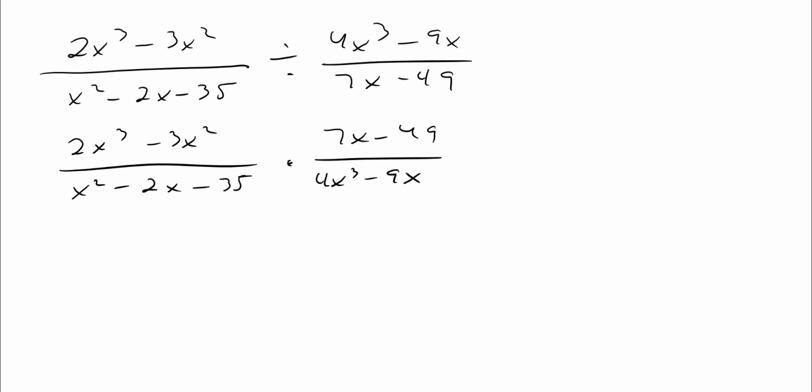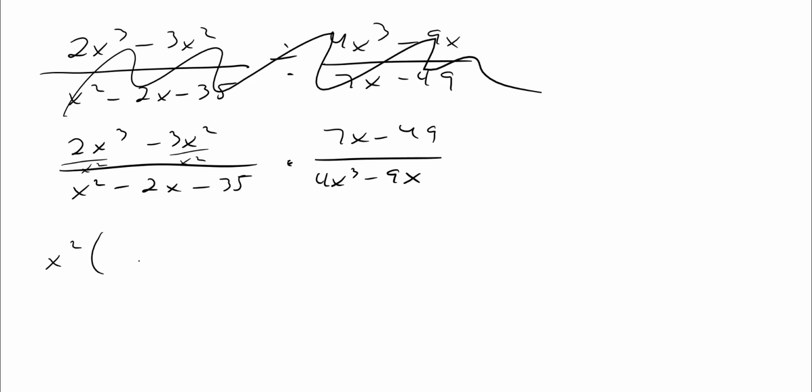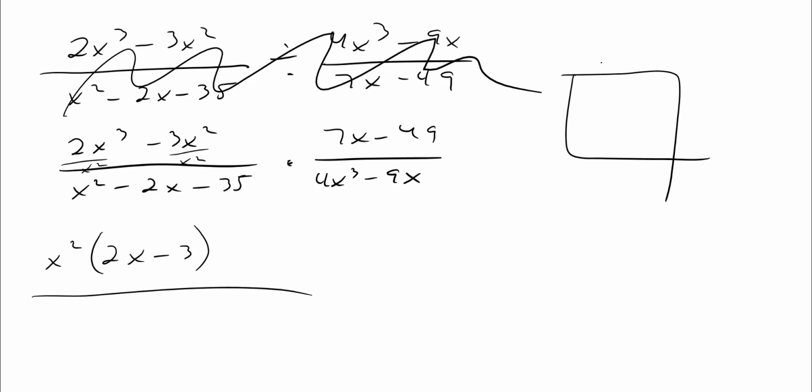First thing I'm going to do is that top left, so this is kind of out of here now. The top left I'm going to factor out, I can just factor out an x squared, that's it. So if I divide each of these by x squared, I get x squared times 2x minus 3. Okay, that's cool. The next one's a factor box. I'm going to do it over here. So x squared, negative 35, negative 2x.